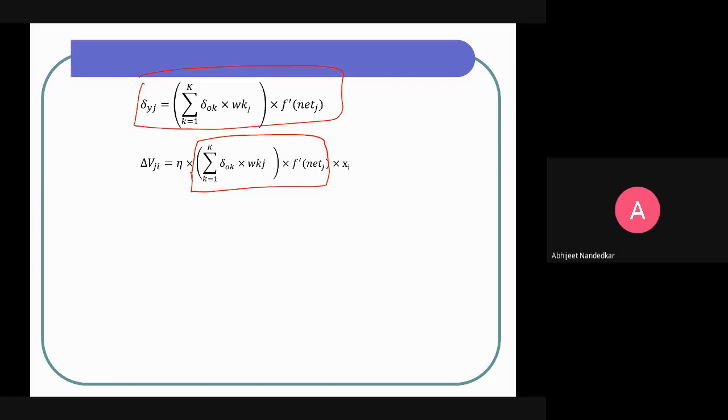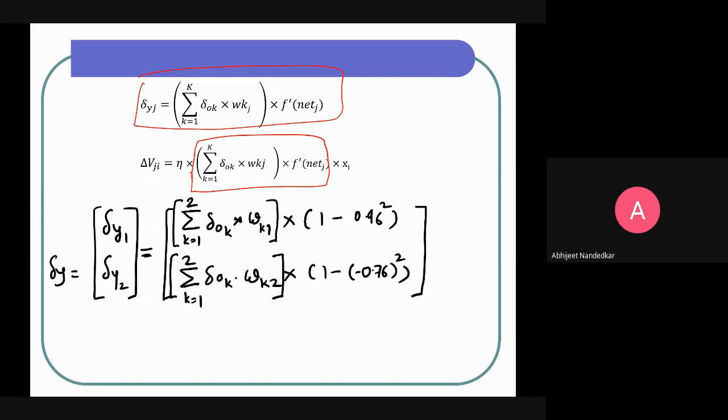Let us see how to do this. Delta y1 and delta y2 are the two error signals for the hidden side. We were done with delta O, now we are doing delta y.